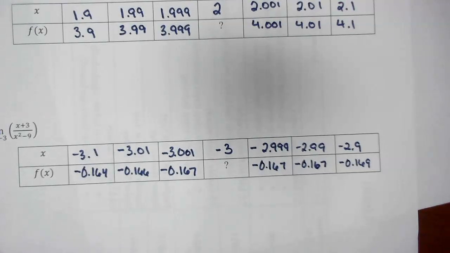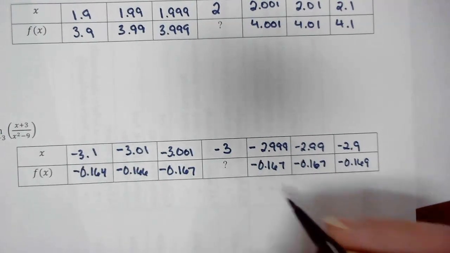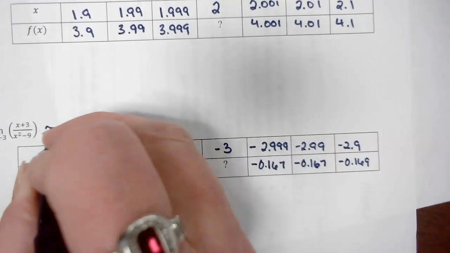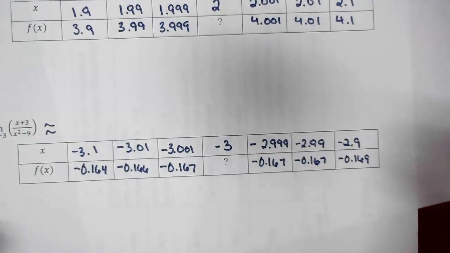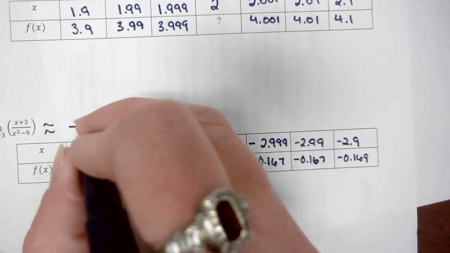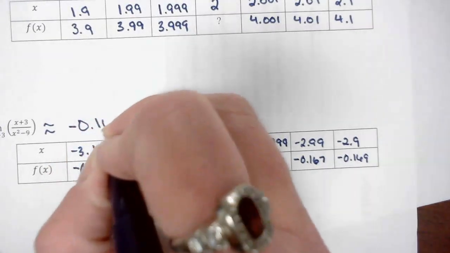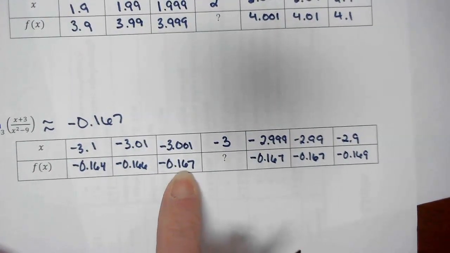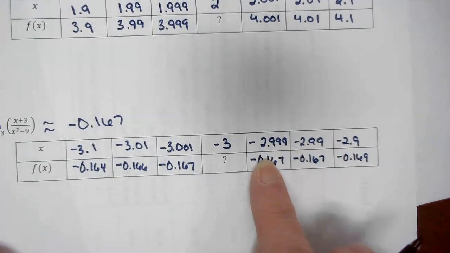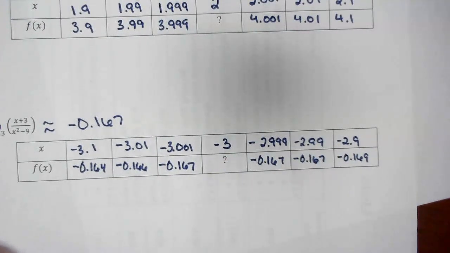So where do you think we're approaching? Well, it looks like it's approaching approximately, and I'm going to put an approximately symbol because it's not exact, -0.167. If we come in from the left side and come in from the right side, we're approaching about the same thing.